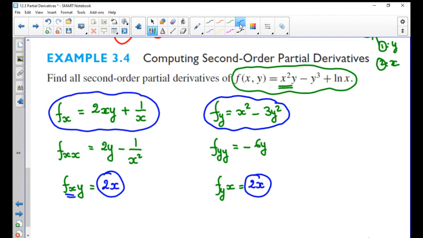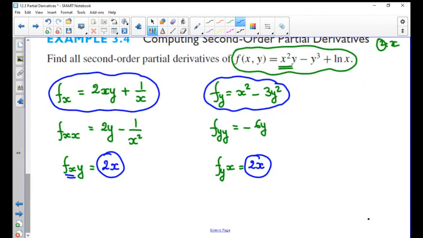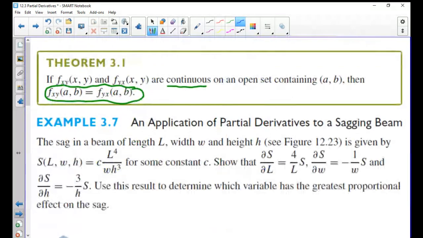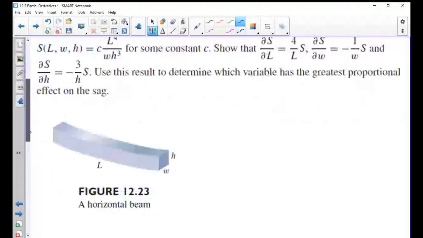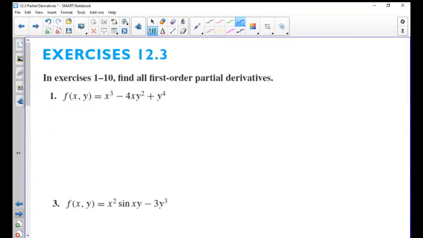So you don't have to worry whether you want to start with x or y, it's going to be a similar result. And that is basically this section.